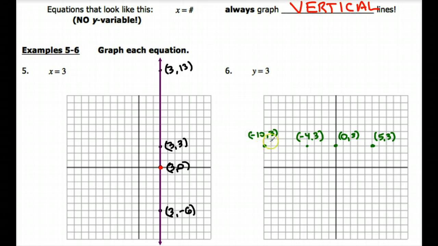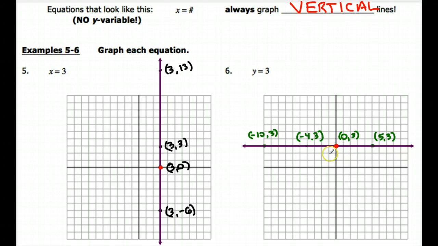Every single point you can think of that has a y coordinate of 3, this line is going to be going through, which makes it automatically a horizontal line through the y-intercept of 0, 3.